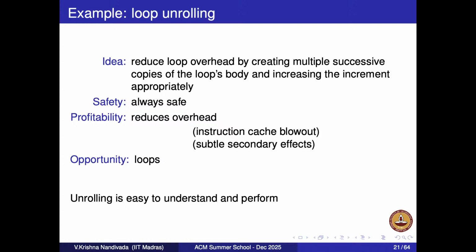I have a code that looks like this: if condition some statement, else throw an exception. Which one do you think is likely to be taken? The then branch or the else branch? The one throwing the exception, or the one doing some computation? Is there a guarantee?